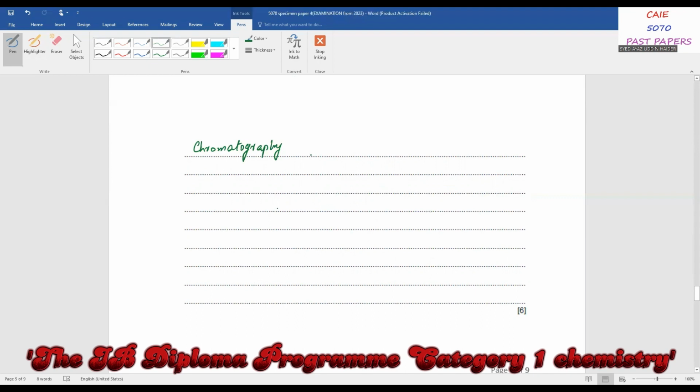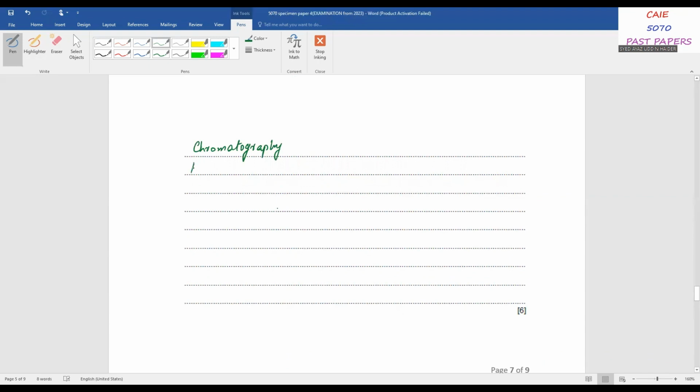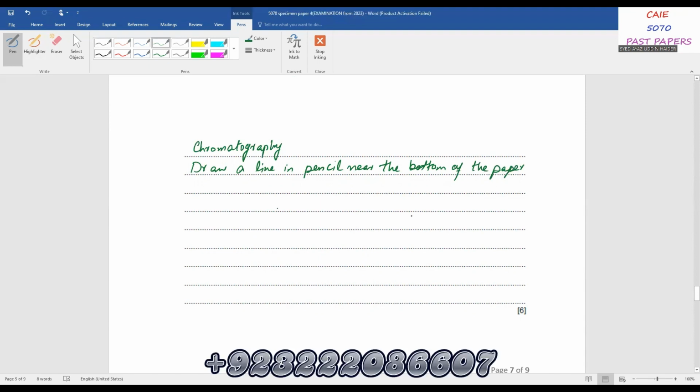You are using chromatography paper, so you have to draw a line in pencil near the bottom of the paper. 2 marks. Next point, then you write apply extract to paper. I will talk about how you will obtain the extract in this experiment.